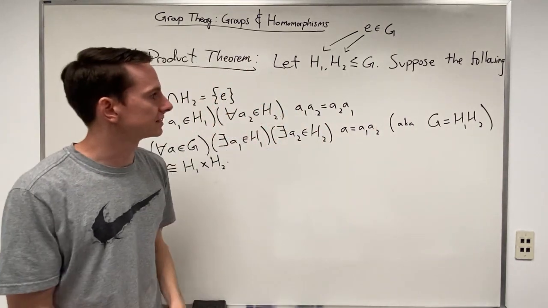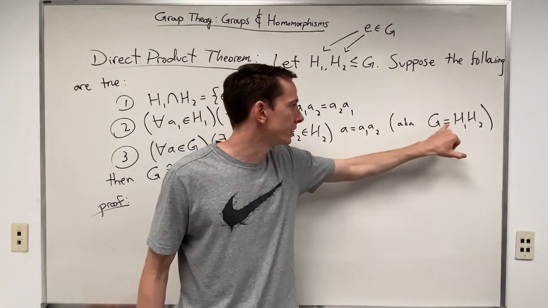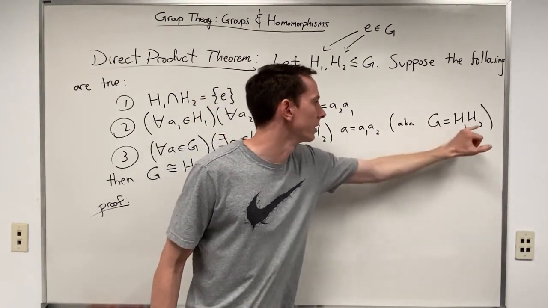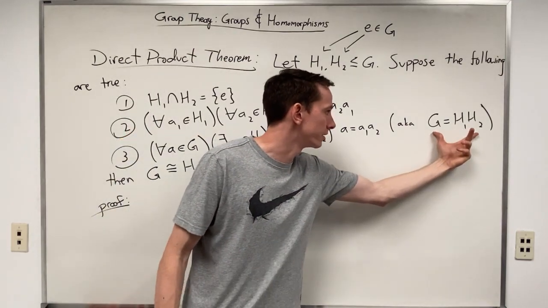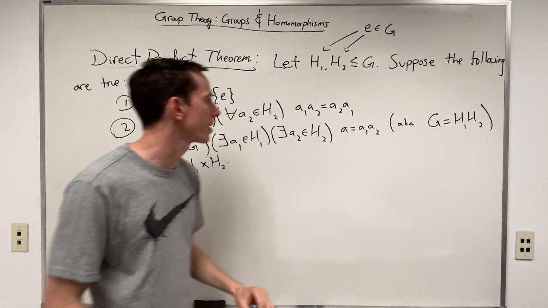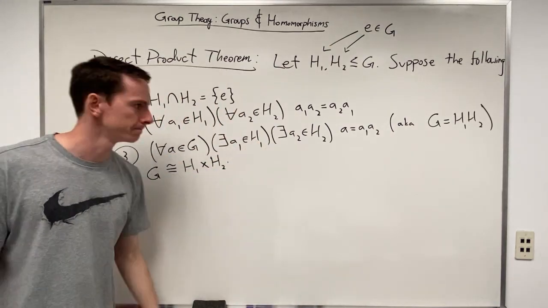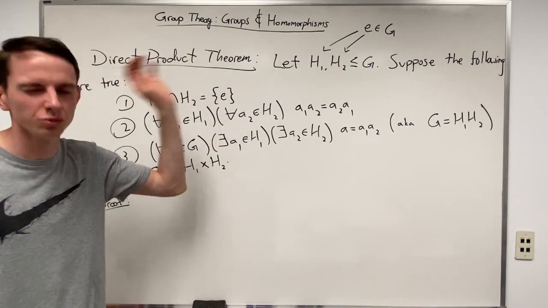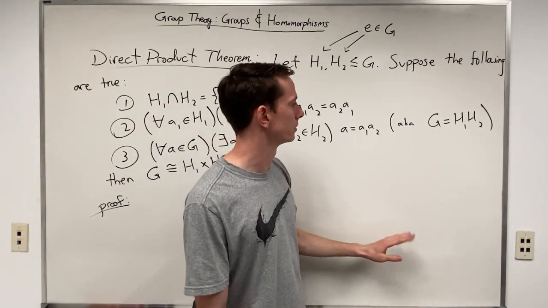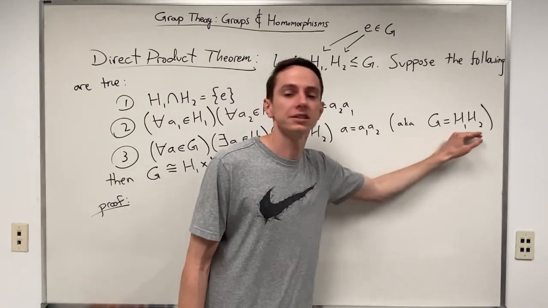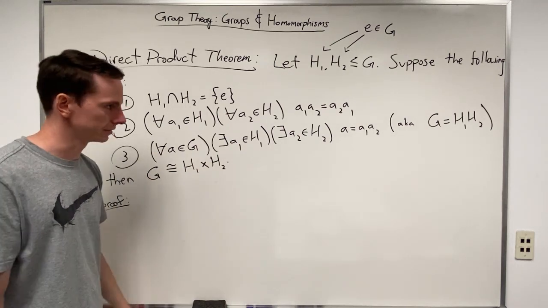What this is telling us is that pick any element of G, that is going to equal some element of H1 and some element of H2. So simply this equation right here is a very compact way of describing this overall condition. They mean the exact same thing. And often, and we'll see this more later in some of the upcoming videos, this is a notation that can be useful, and I just want to make sure we know what that means.